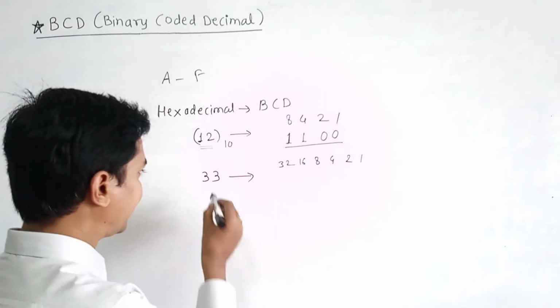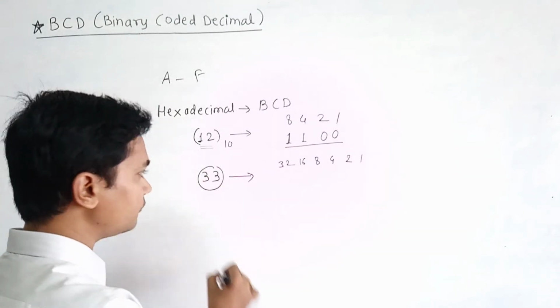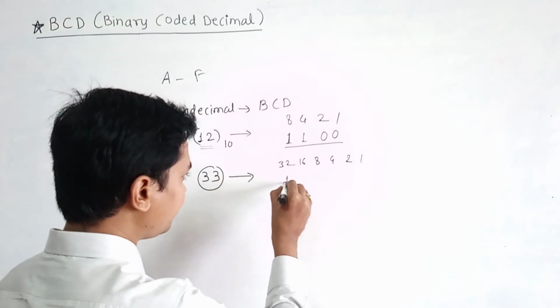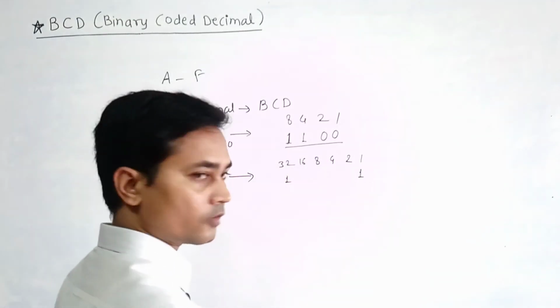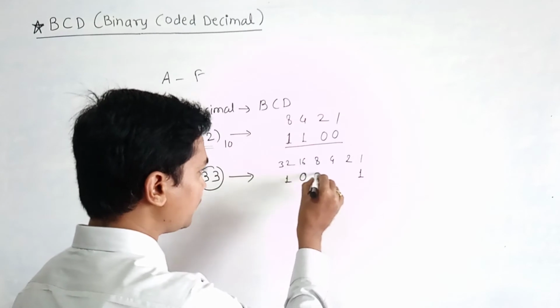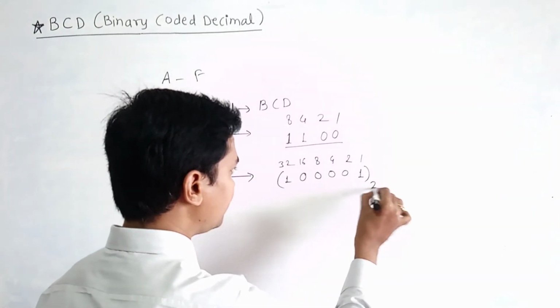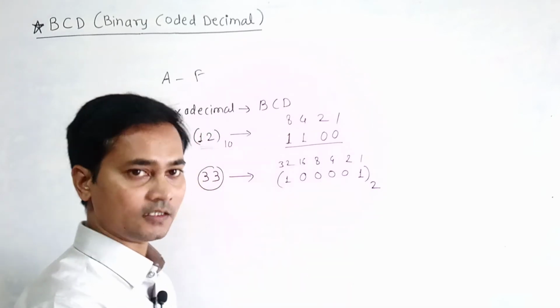To calculate this value 33 in binary, we make the 32 bit 1 and the 1 bit 1, and all other bits should be made 0, so this number is 33 in binary.